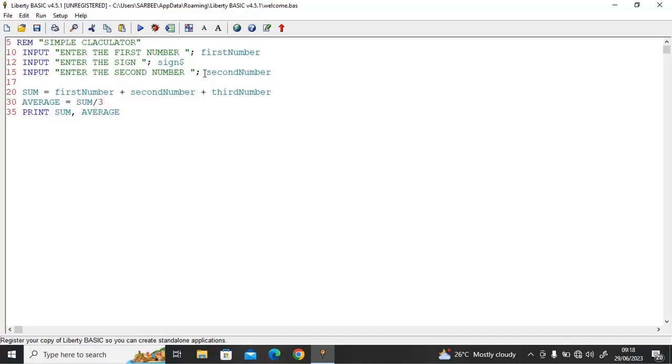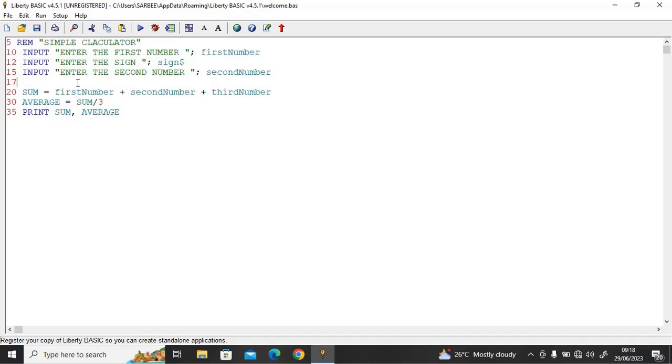The first number and second number are integers, they are numbers, so you don't have to put dollar. When I was explaining string variables, just like a word or a character, I said you must put a dollar at the end of your statement to signify that it is a string variable.